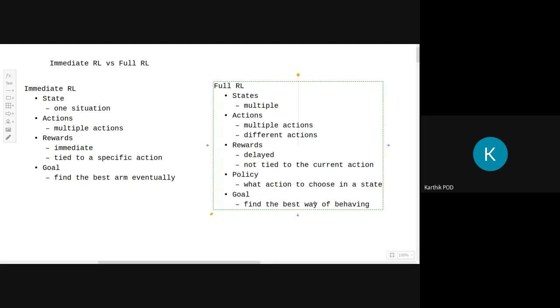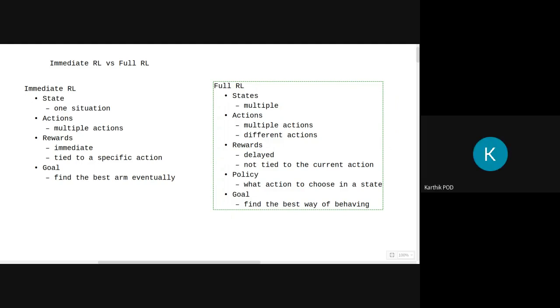The goal is to find, in some sense, the best policy. How to define a good policy, we'll look at in week 3. But as far as week 2 contents are concerned, we are trying to find a way to behave optimally so that in the long run I get as much reward as I can.